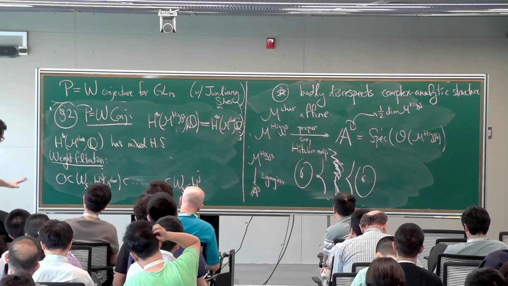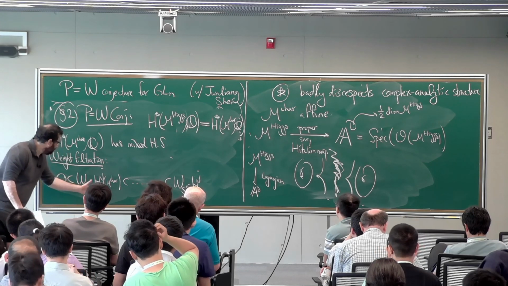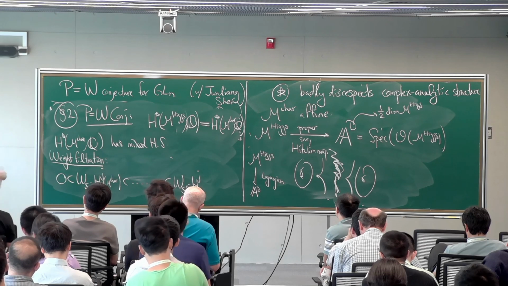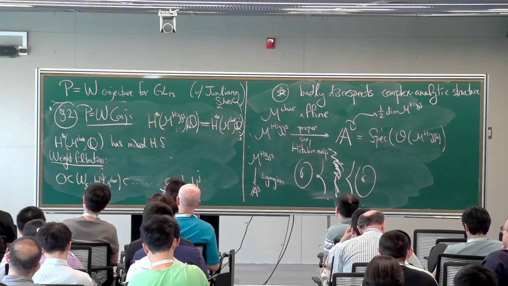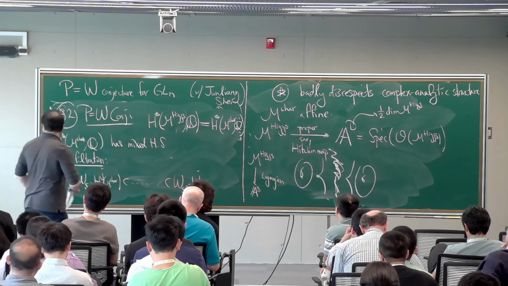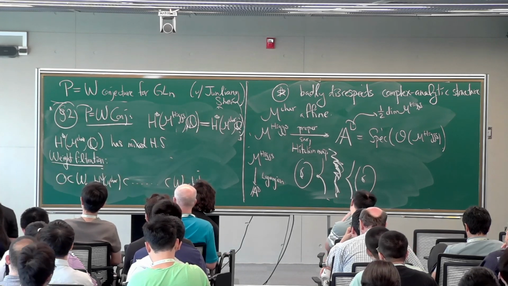In general, it's a little hard to define. The way you should think about this lowest piece is that these are the cohomology classes on this open variety that extend to some smooth compactification. But the other pieces are a little hard to get your hands on.